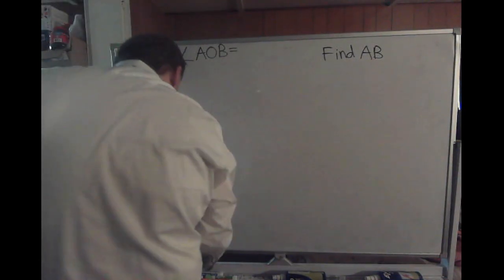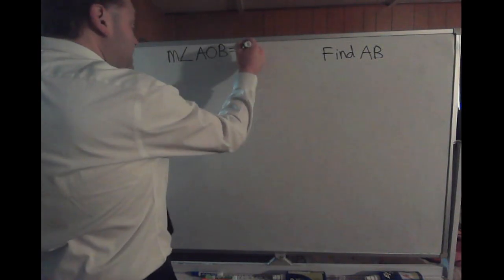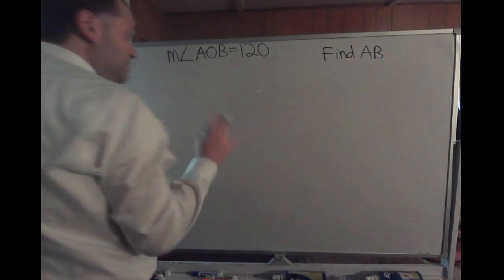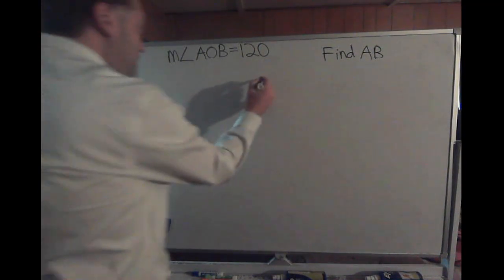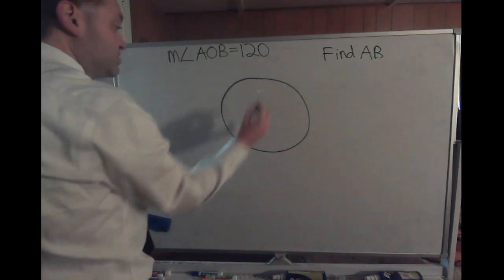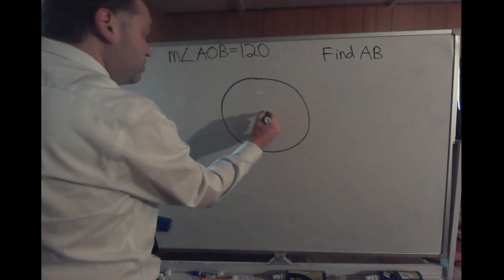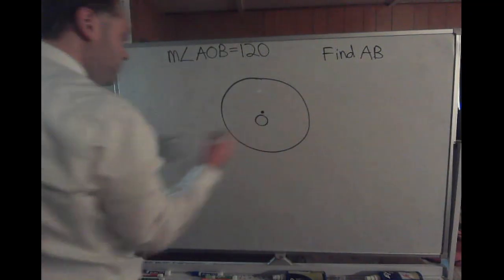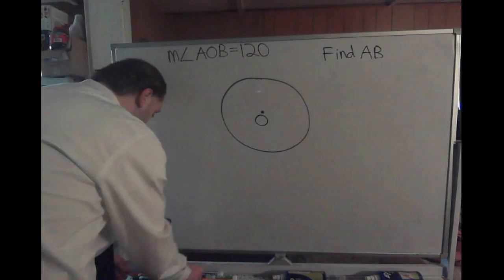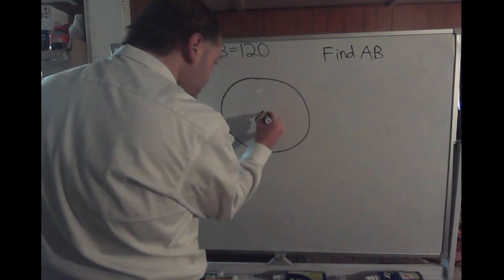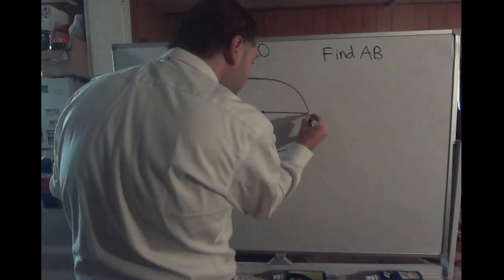All right. We got that central angle is equal to 120 this time, so this is going to be a good one. Let's go ahead here, form our circle. We have center O. Always have the center O. And then we can draw the radius OA to the right here.